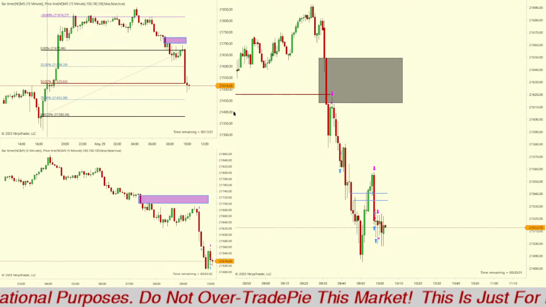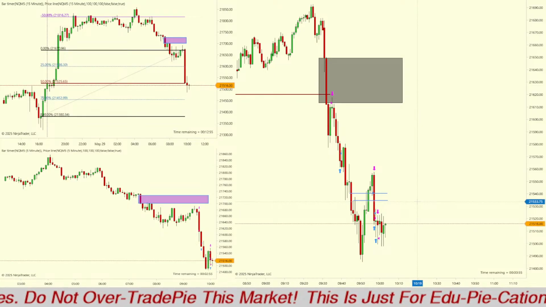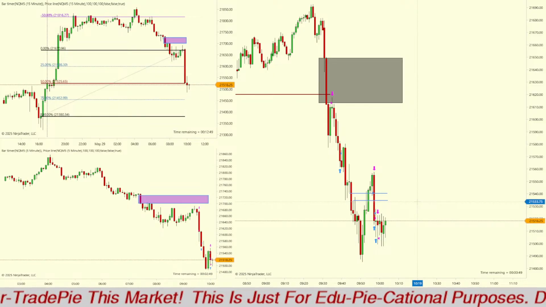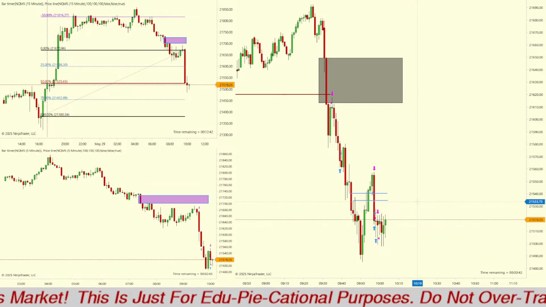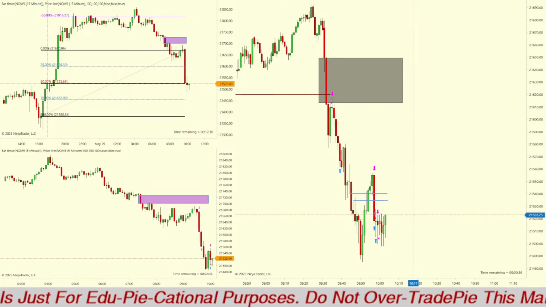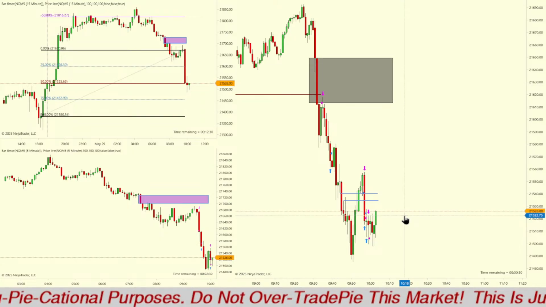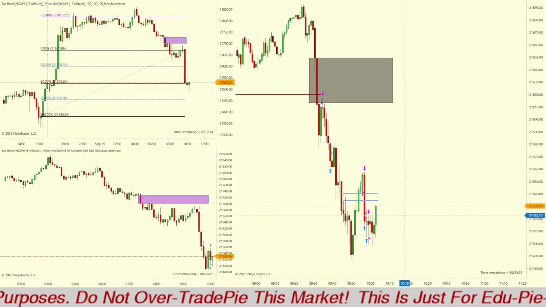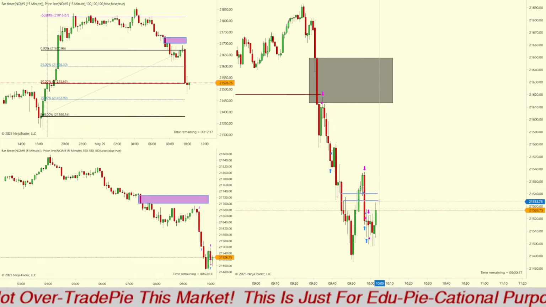Okay, now we are back again here, trading inside this FVG that I highlighted before.